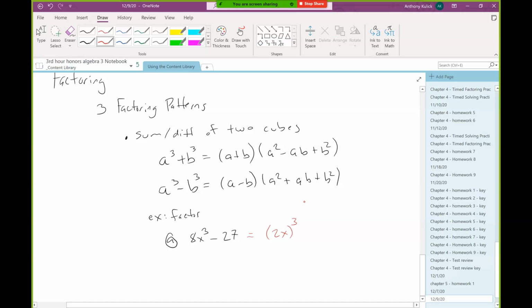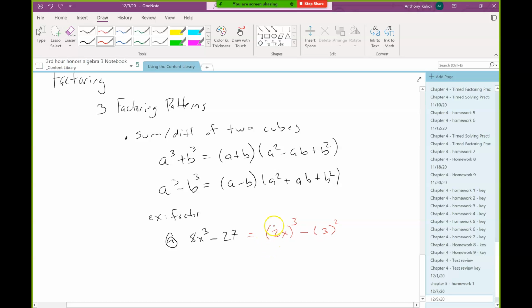So 8x to the third is really the same thing as the quantity 2x to the third. And then I notice 27 is 3 times 3 times 3. 3 times 3 is 9, and 9 times 3 is 27. So I can write both terms as something cubed.